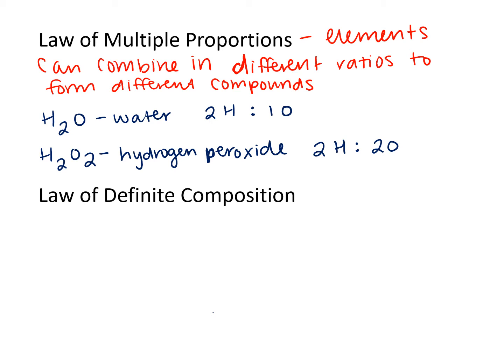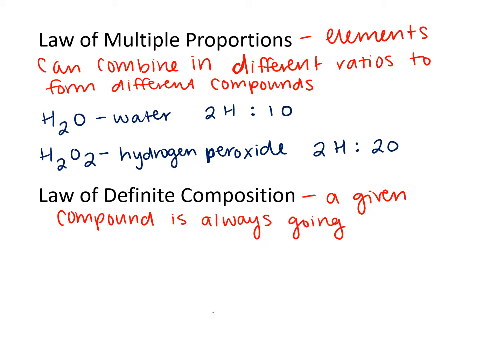But that also leads us to the law of definite composition. In the law of definite composition, we know that a given compound is always going to contain the same number or the same ratio of elements.